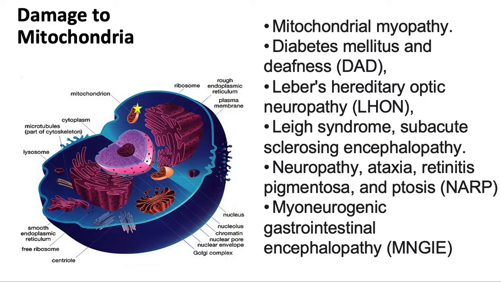Pyruvate molecules produced by glycolysis are actively transported across the inner mitochondrial membrane. Protons can re-enter the mitochondrial matrix without contributing to ATP synthesis. Mitochondria can transiently store calcium, a process contributing to the cell's homeostasis of calcium.